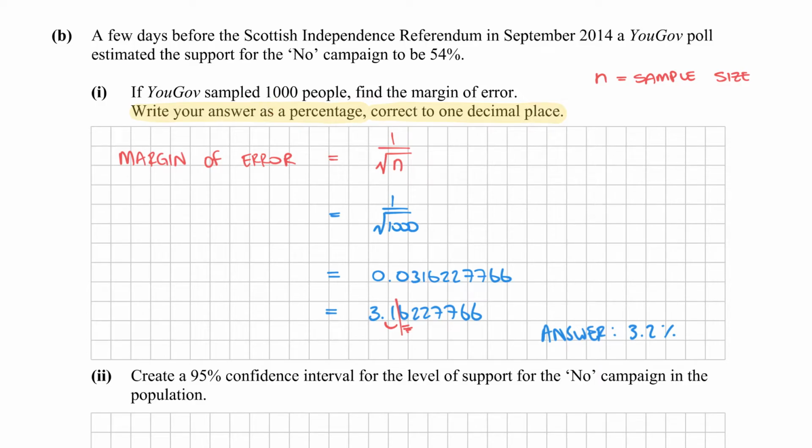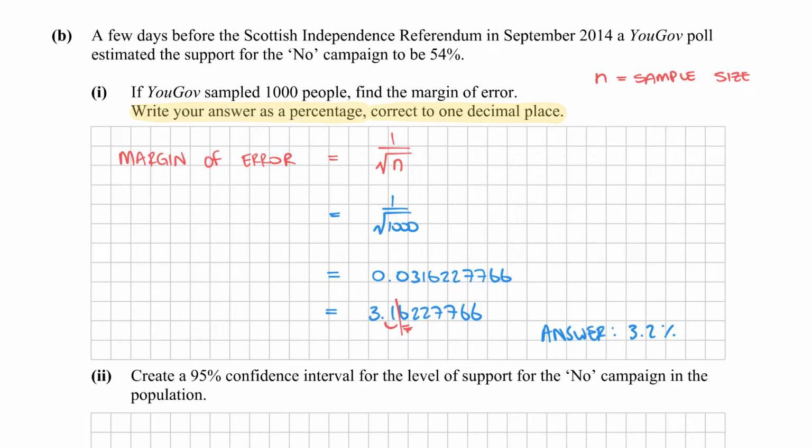So they reckon that 54% of the people are going to vote no. They want us to create a confidence interval. To do that, we need to take that percentage and add 3.2 and subtract 3.2, and those two values will determine the interval within which we are confident the actual referendum result lies.